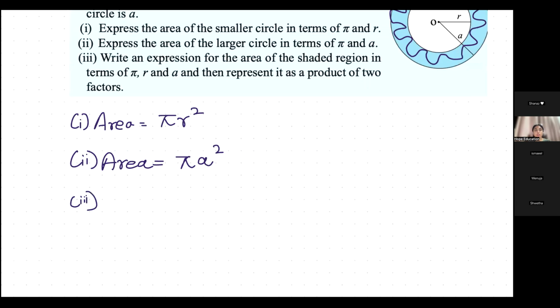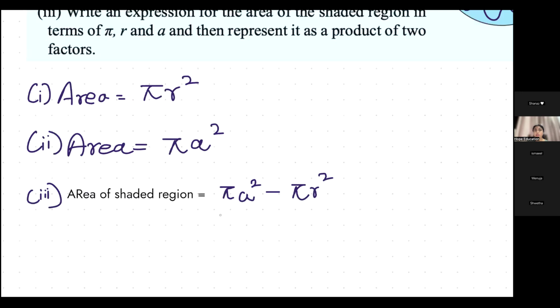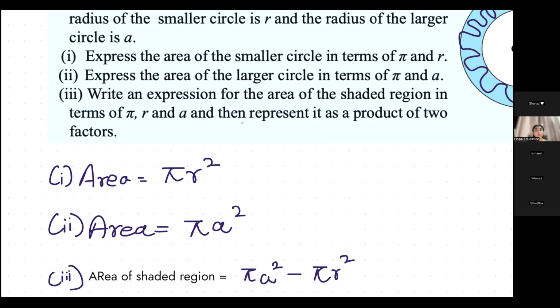Yes. Then what do we do? Area of the shaded region equals, you take the area of the big circle, which is pi A squared. From that, you subtract the area of the small circle, which is pi R squared. Now, what does the question say? Represent it as a product of two factors. That means with brackets we have to represent it as a product of two factors.